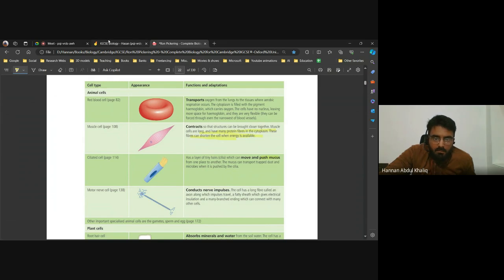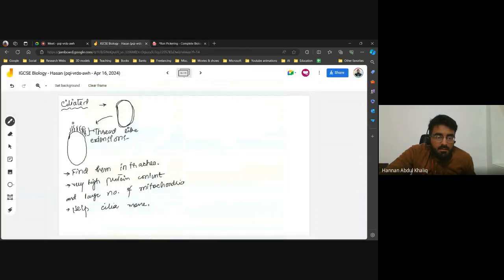So yes. Then there is another very important specialized cell, which is a nerve or neuron cell.